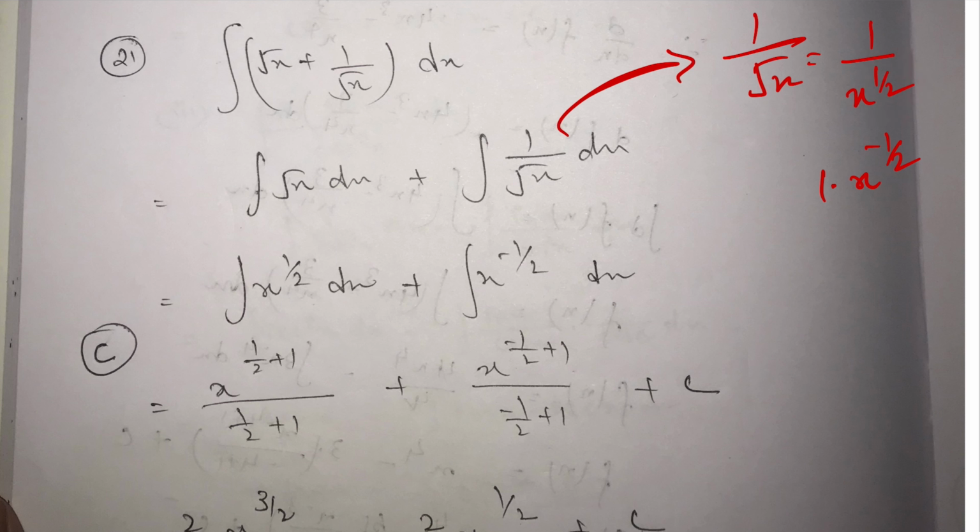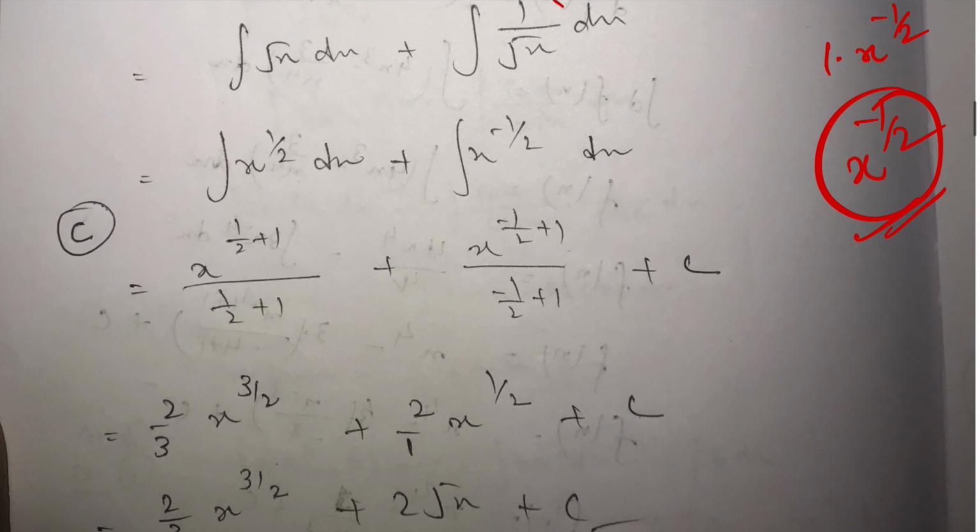Now we just multiply these two terms. If you multiply anything by 1, you will get the same thing, so you will basically have x to the power minus 1 by 2. That's what I mean. So I have written directly here x to the power minus 1 by 2.